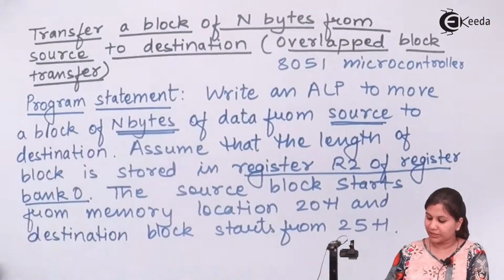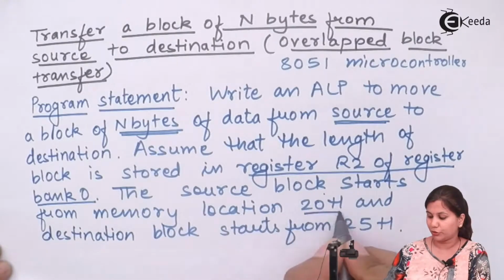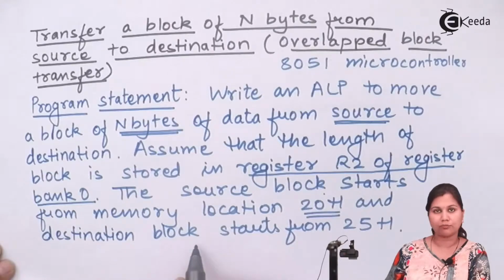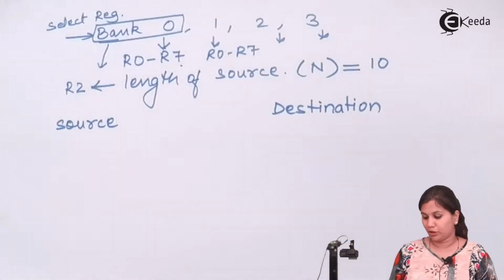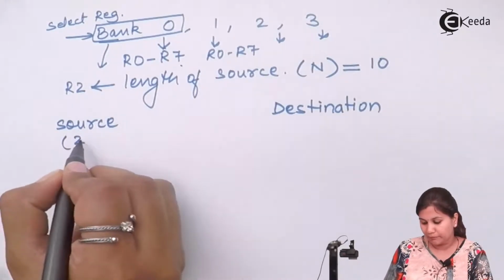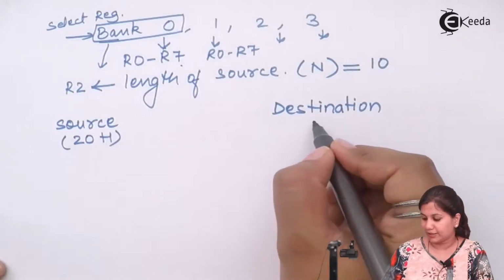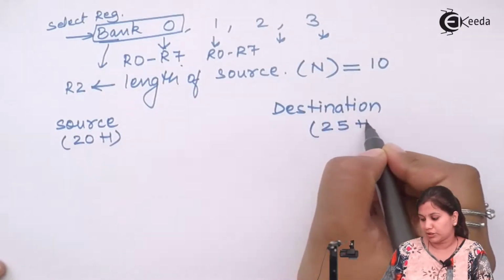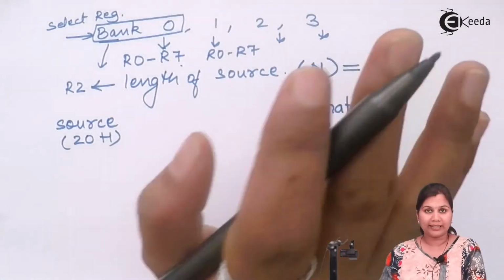In the question it is given to us that the source block starts from the memory location 20H, and the destination block starts from the memory location 25H. So the source memory location starting address is 20H, and the destination starting address is 25H. Now there are 10 numbers.